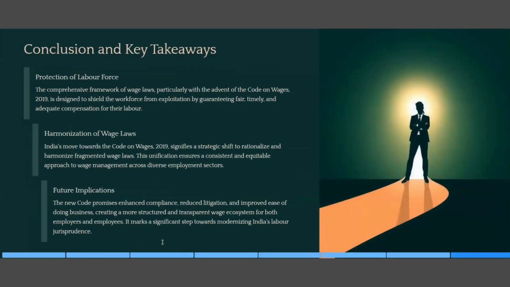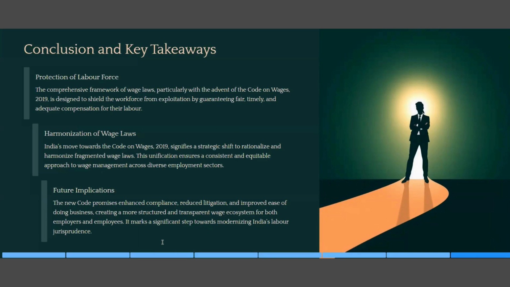Now, I would conclude this lecture and would be focusing on key takeaways. Protection of labor force. The comprehensive framework for wage laws, particularly with the advent of the Code on Wages 2019, is designed to shield the workforce from exploitation by guaranteeing fair, timely, and adequate compensation for their labor.